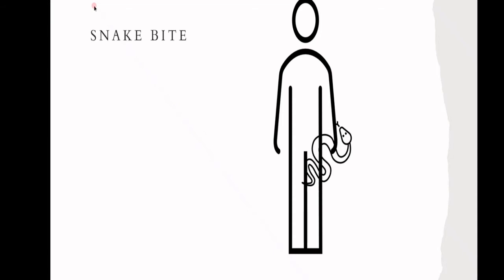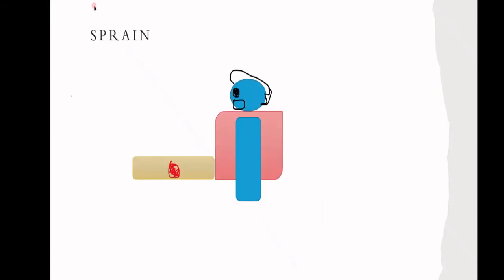So to stop it, we need to tie the bandage very tightly so no venom may flow and maybe get to the brain and cause problems. I really don't know what snake venom does. Then rush that person to the hospital and get him or her an anti-venom injection. So they'll be saved.